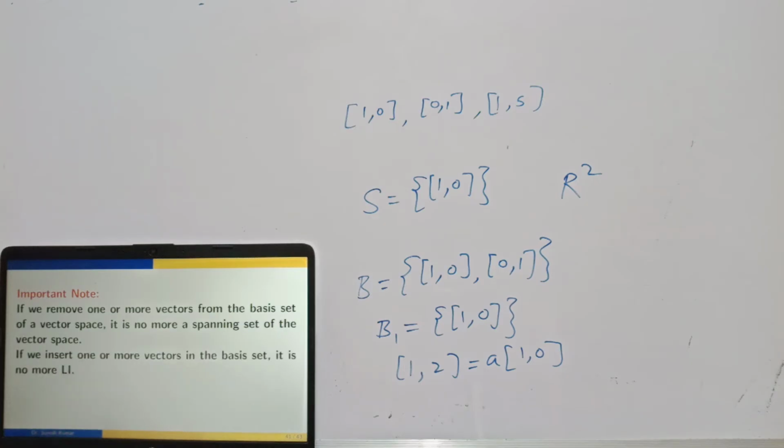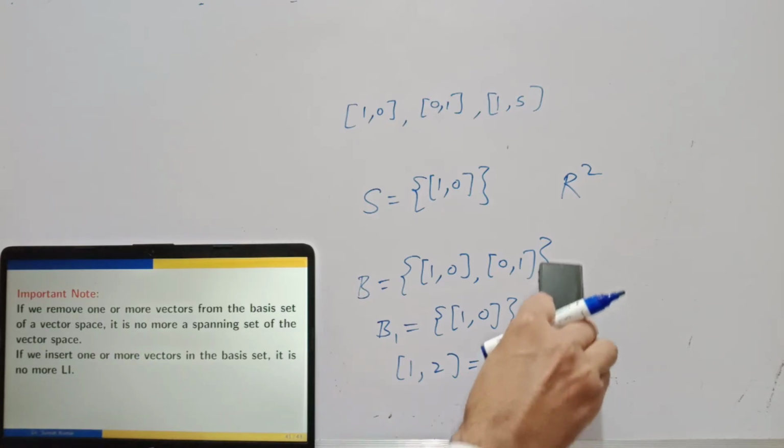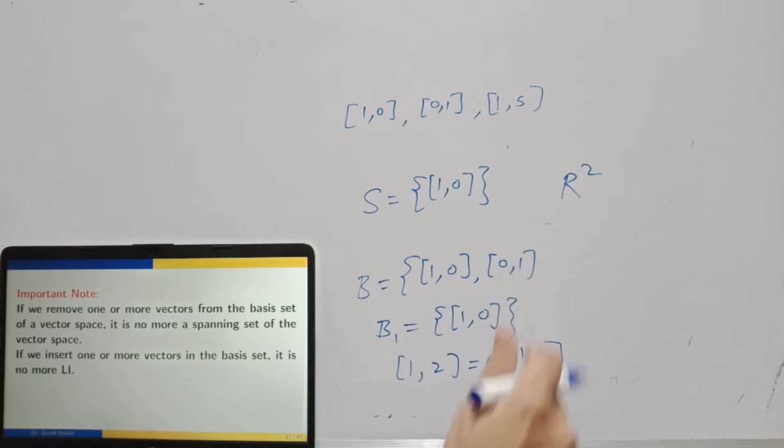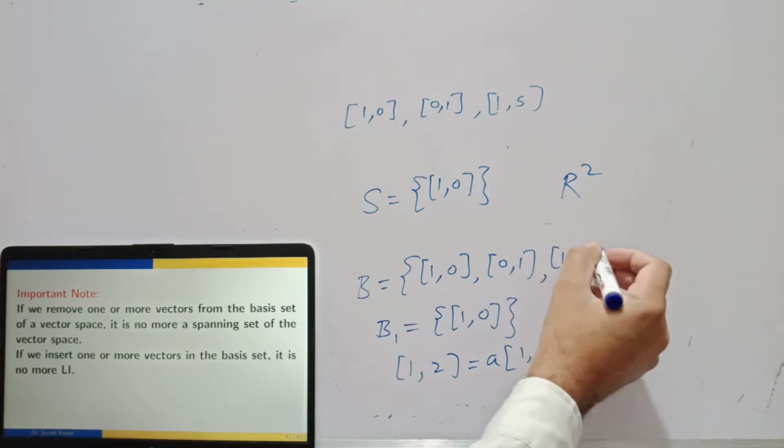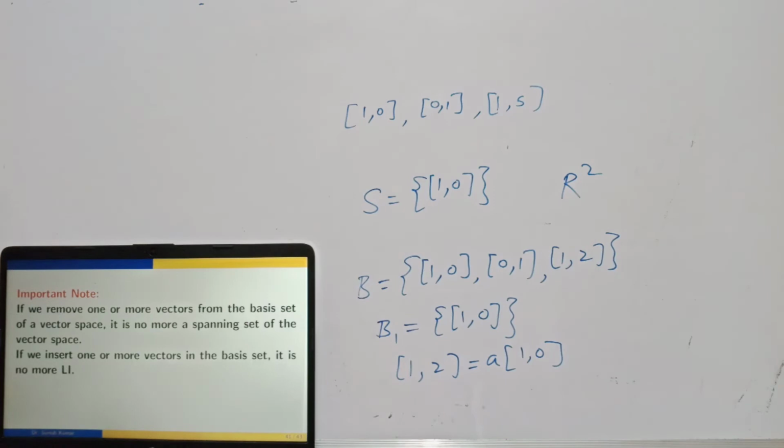If we insert one or more vectors in the basis set, it is no more linearly independent. So we cannot insert also extra vector. For example, this is basis of R2. If I add say 1, 2 here, insert extra vector, it is no more a basis of R2. Which property doesn't exist now?